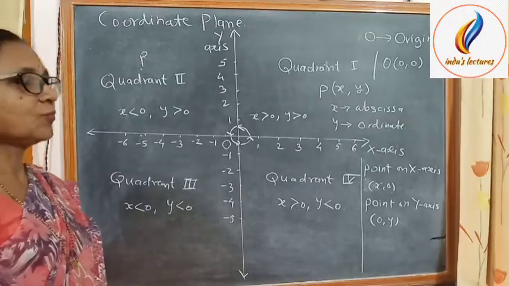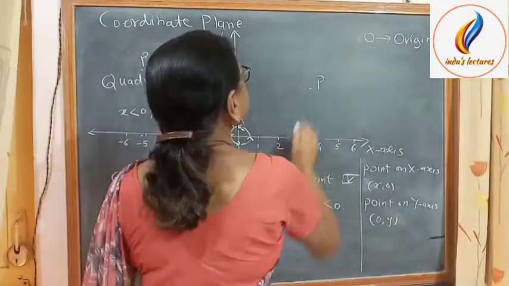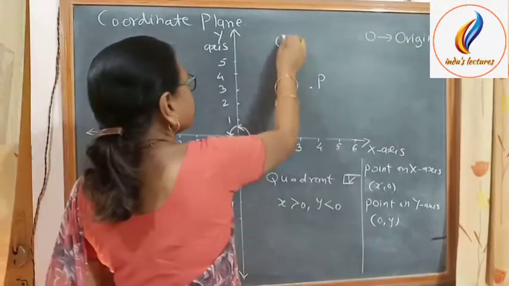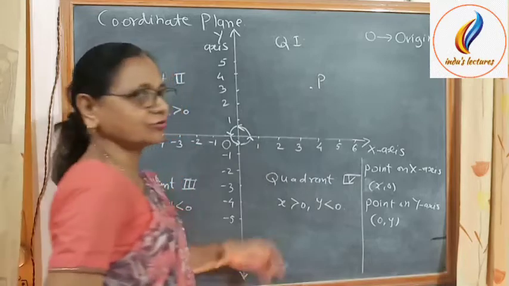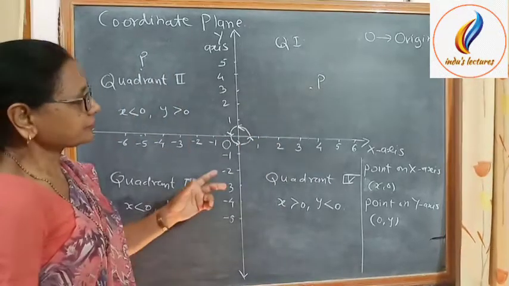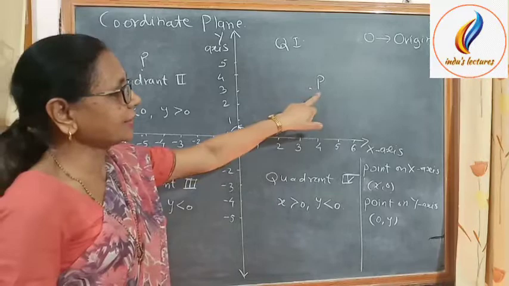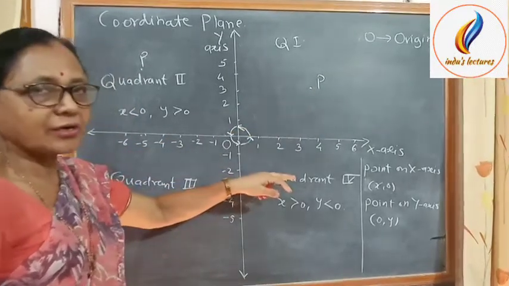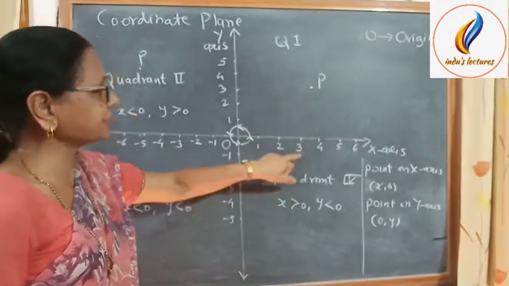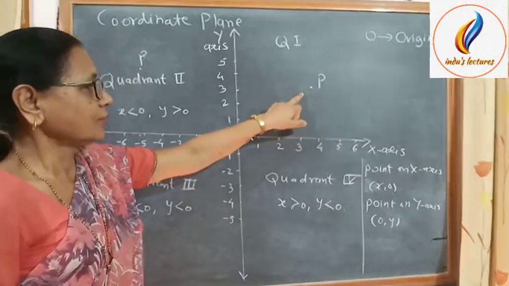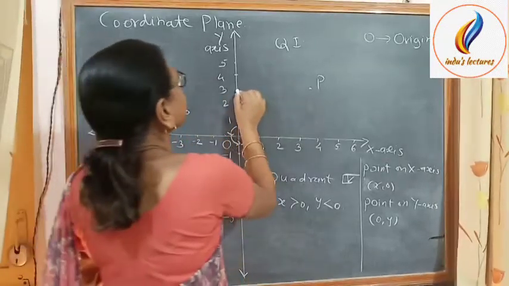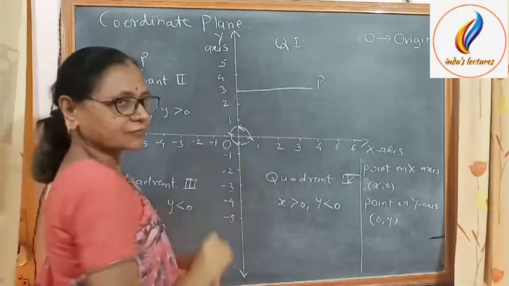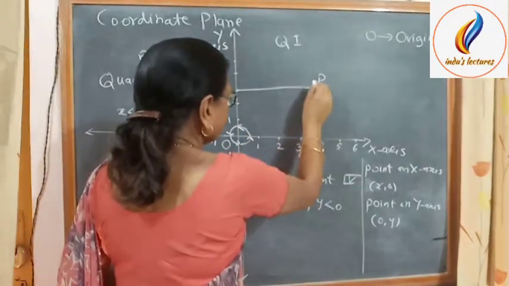Now how to locate the point in a plane? Say this is a point P in the first quadrant. It is also denoted by Q1. Now, how to find the coordinates of that point? Draw the perpendicular from this point on the x-axis and draw the perpendicular from this point on the y-axis.